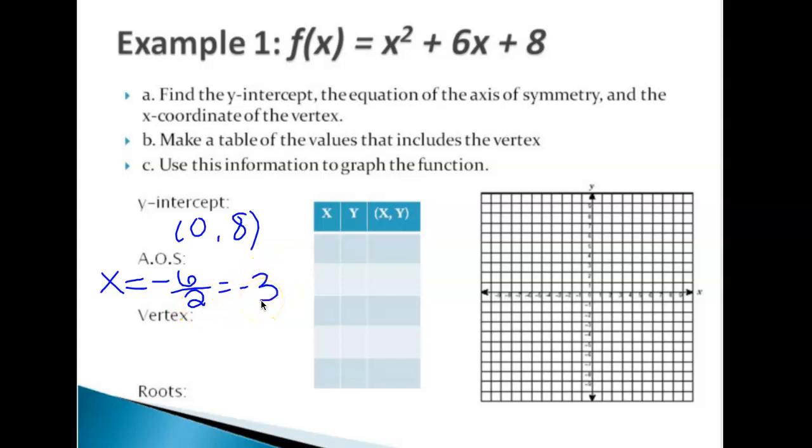The vertex comes from plugging in h. So negative 3 squared is 9. 9 plus 8 is 17. 17 minus 18, negative 1. So this graph is shifted left 3 and down 1.